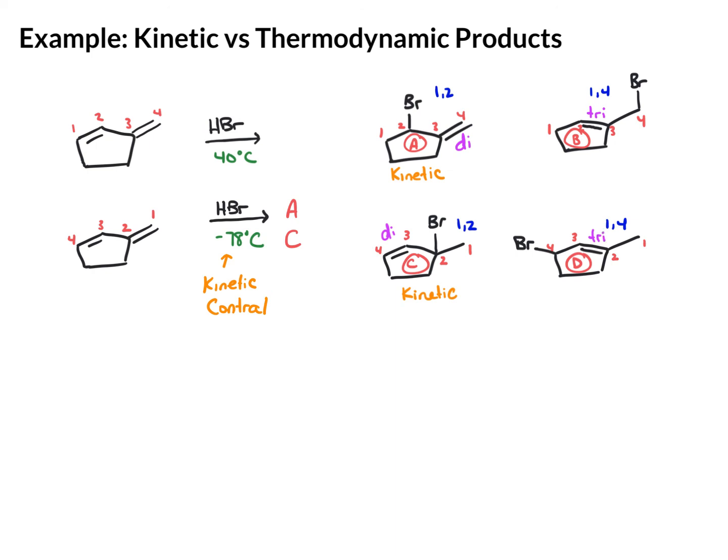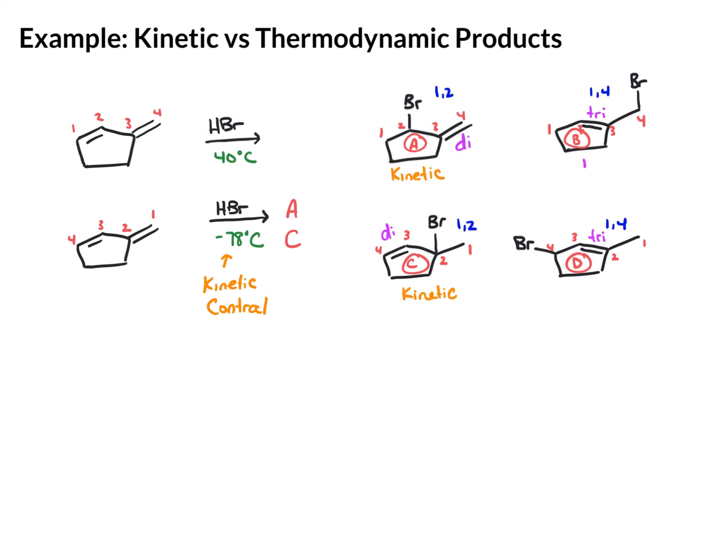So now to figure out what products we're going to get thermodynamically, that's going to be the most substituted double bond products. It could be a 1,2 product, it could be a 1,4 product, or some combination of each. In this case, for thermodynamic, we find that the most substituted double bond we get in the products is a tri-substituted double bond.